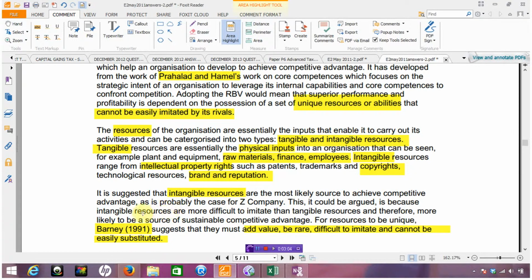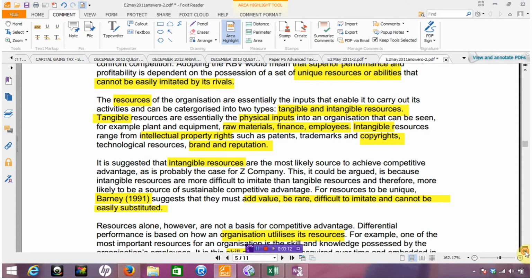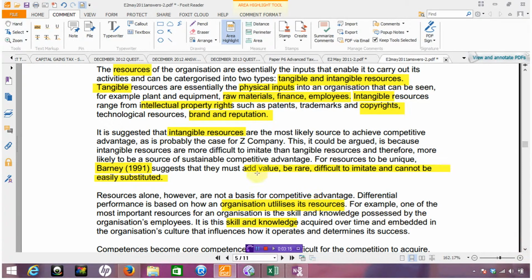We add in a third theorist here, a chap called Barney. Again, quite important to remember him. So we've got three theorists under this area, and he follows through and adds just a little bit to what Prahalad and Hamel talk about: resources are important, but let's make them unique.